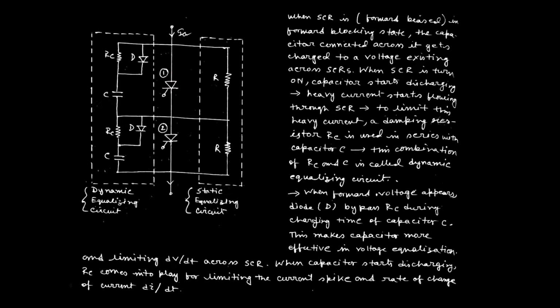Then the SCR junctions can be damaged permanently, as the capacitor discharging is very fast. To protect it, we use this resistance to limit the discharging current, or di/dt current, from the capacitor across the SCR.